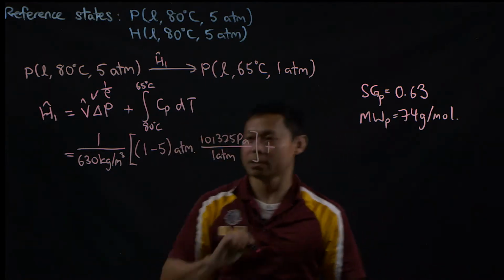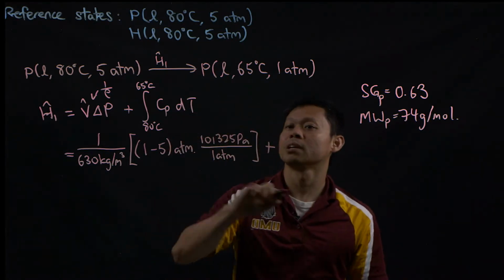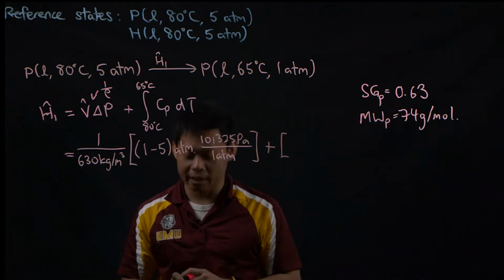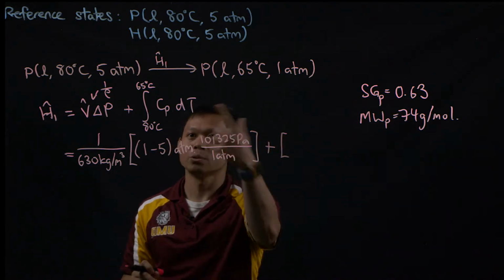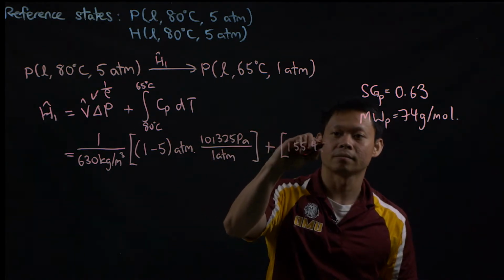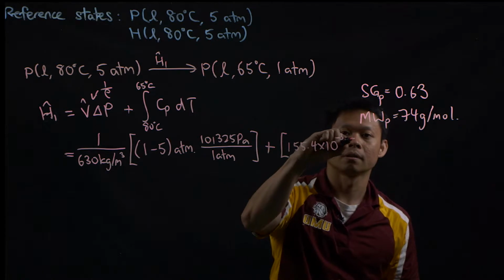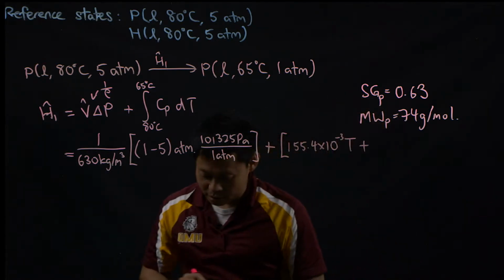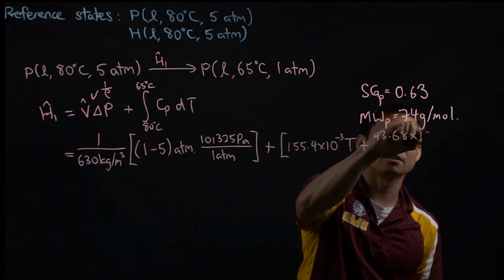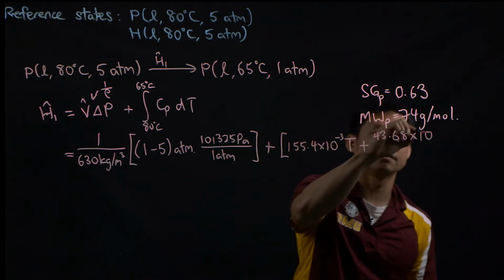So now let's do our integral term. Down here, if you look up the Cp constants for a liquid, you actually only have A and B. I'm just going to skip the step and do the integration right away. So here's our A, and then our B, 43.68 times 10 to the power of minus 5.